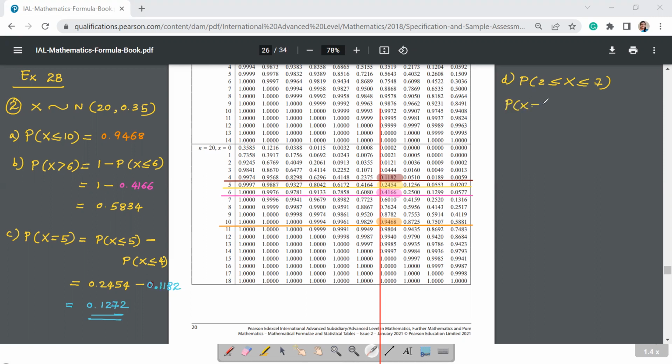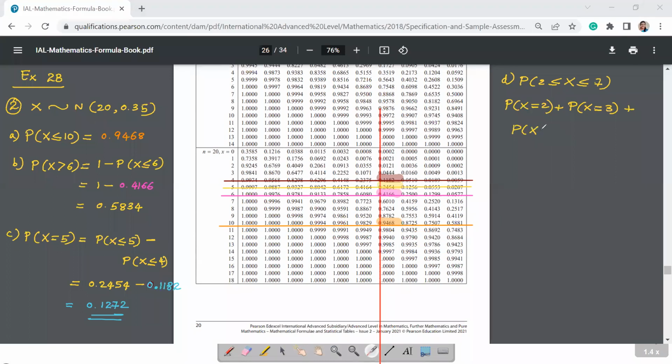This includes x is 2, x is 3, 4, 5. Guys, can you see? So these are the x values I need to include. How do I get only these x values?